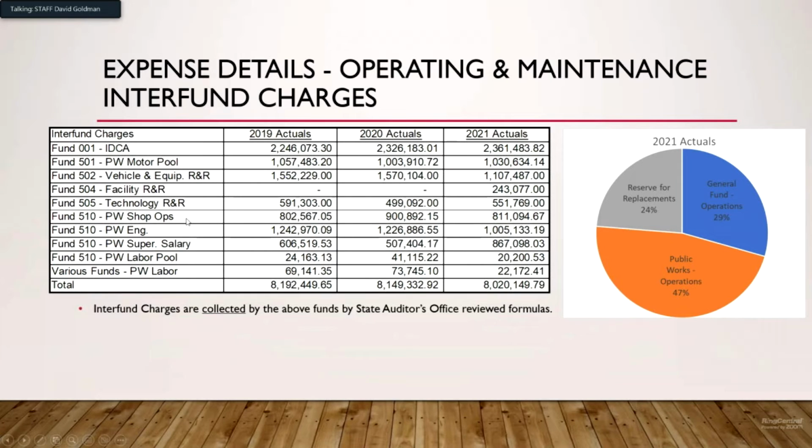You have the shop operations, you have engineering, you have the supervisory salary, and the Public Works labor pool. And also we have various funds. There's Public Works labor. It's a smaller amount than the others, and it's just based on the usage of certain public works labor and how it charges out to various funds. Those together amount to about 47% of all the charges.